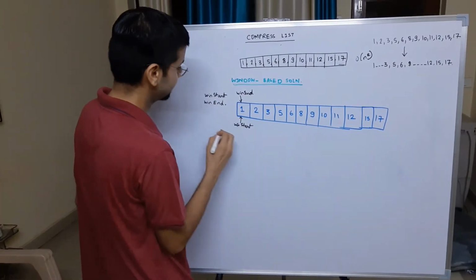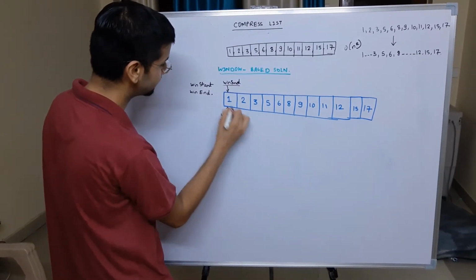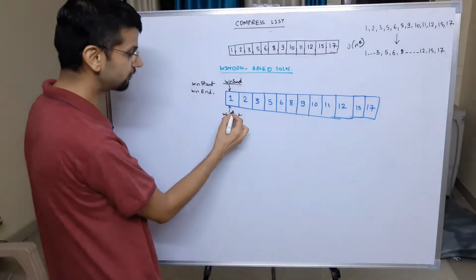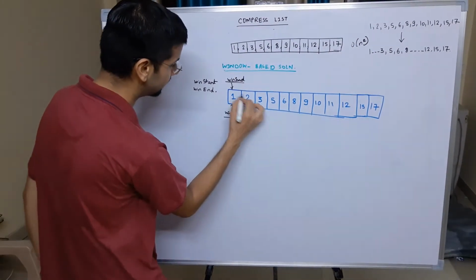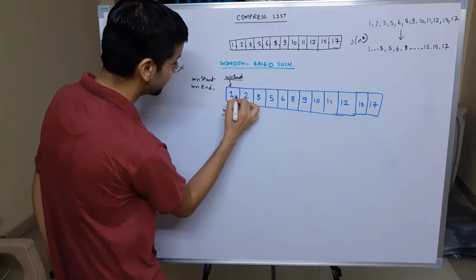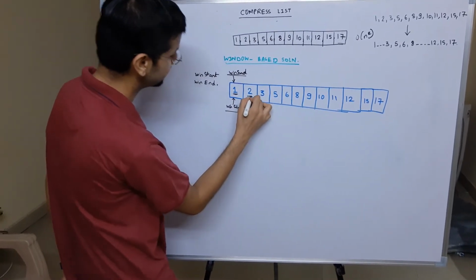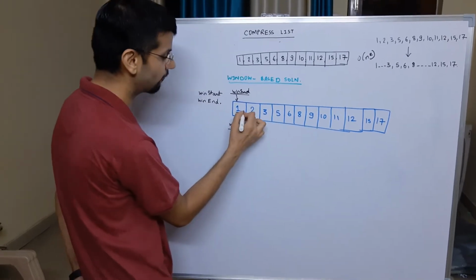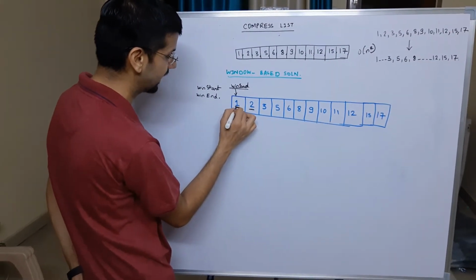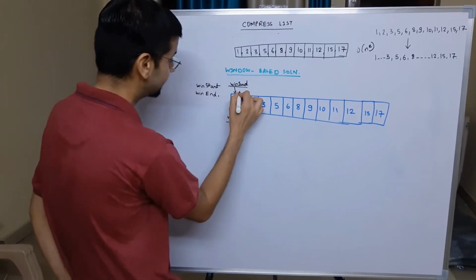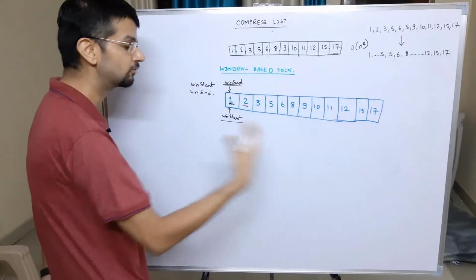So how we do it? Let's see that. We'll take 2 pointers, which are window end and window start. Initially, both will point to the start. We'll have a look very carefully at how we are going to move this. We'll check whether this element and the next element differ by 1, which means the difference of this element and the first element is 1. Then we'll increase our window, which means we'll take that element into our window.